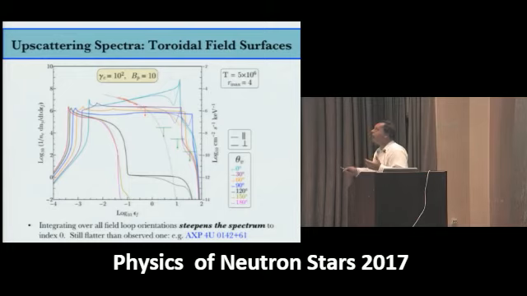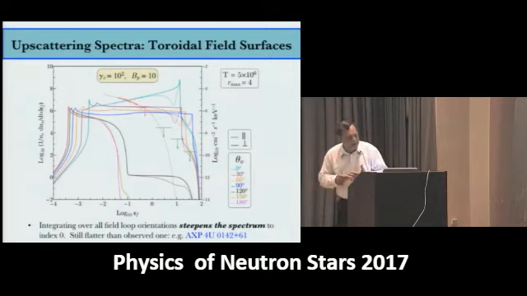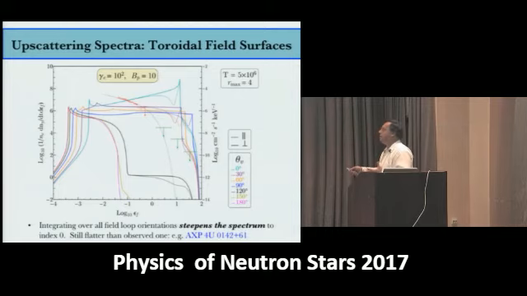We've worked at how to add up over this. It's not easy to add up over a bunch of different toroidal field surfaces with different R maxes. And we find that the low R maxes give you the hardest emission, but they tend to be fairly low at the highest energies, and the high R maxes at high altitudes tend to give you soft emission, but a large amplitude. And so it tends to give you a spectrum that is not too far from the actual reality of the data.